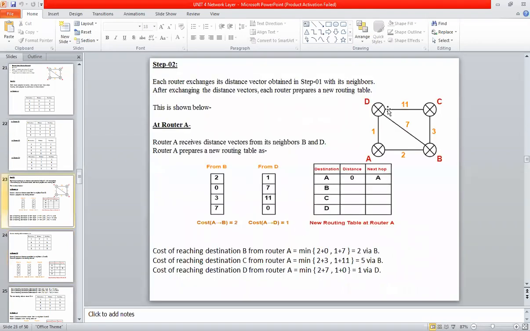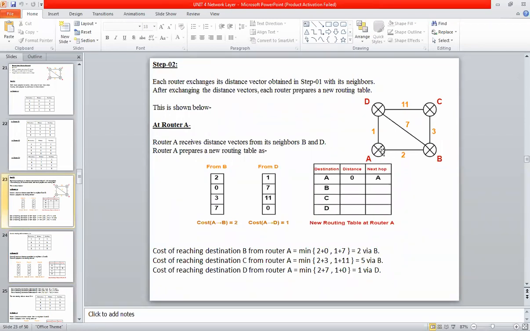See here, in the graph, what is there? You are considering the router B. Remaining routers are A, D, and C. Remaining routers which are connected to B are A, D, and C. What is A? A is connected to B, A is connected to D, and it is also connected to C. What do you have to consider?